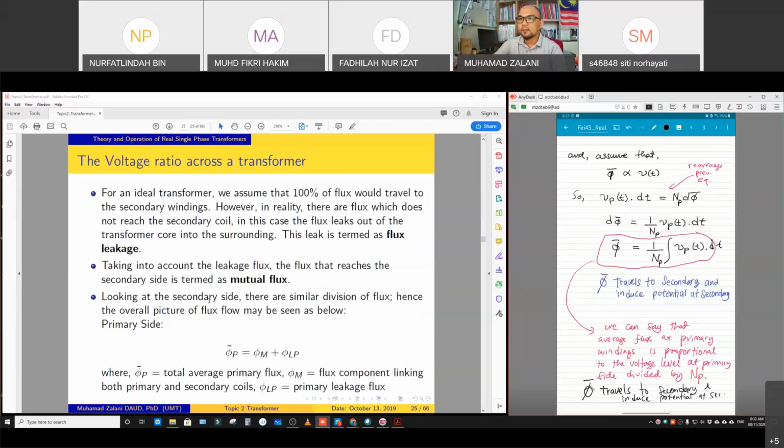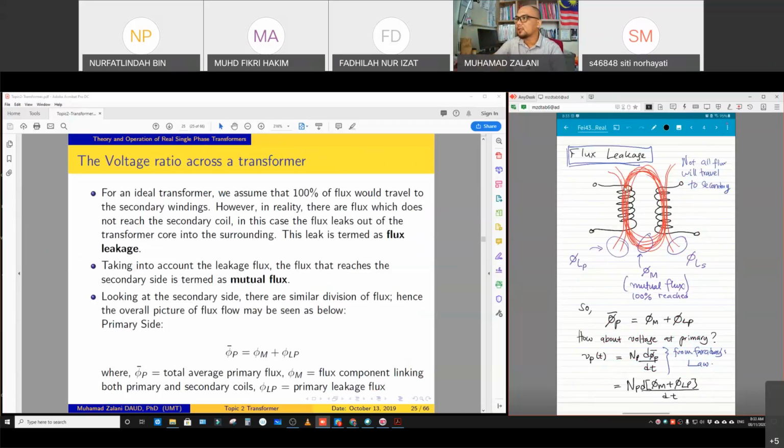Okay. So as you can see clearly, as has been drawn in these notes, we have a primary part and the secondary part here. The circle one, which is this one, is the mutual flux that is passing through the iron core.